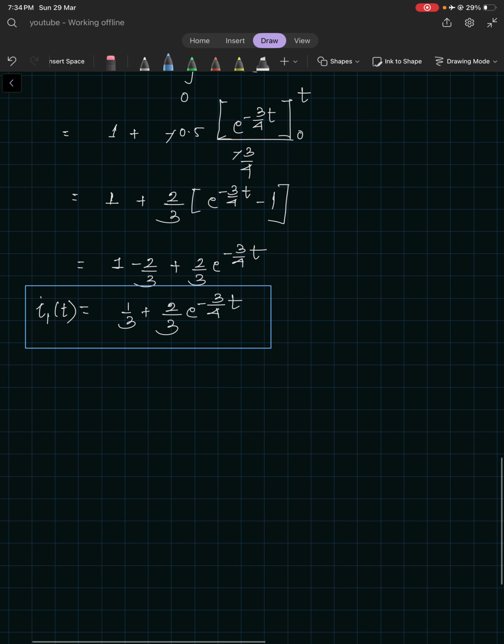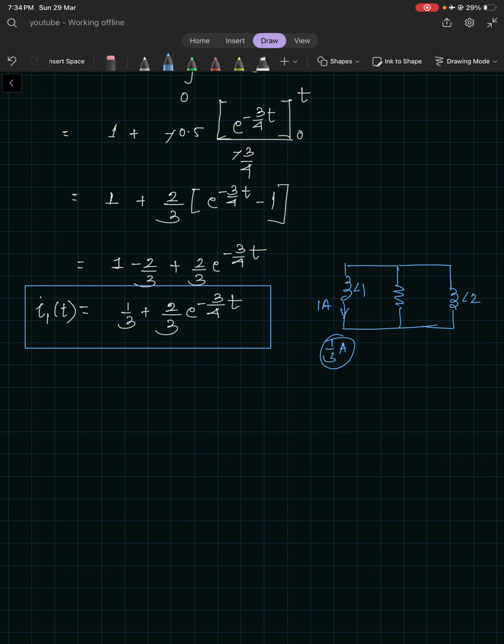Okay, so see again in this circuit, this is L2, this is L1. It started with 1 ampere at t equal to 0 plus, and in the steady state it will reach 1 by 3, right? This I1, in the steady state, will reach 1 by 3 ampere.